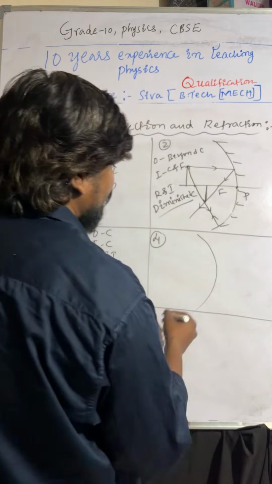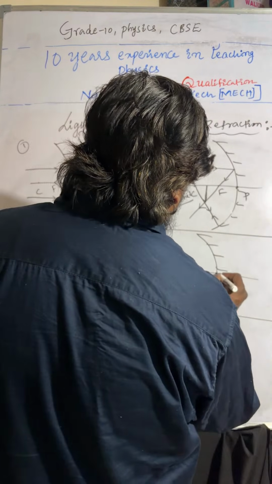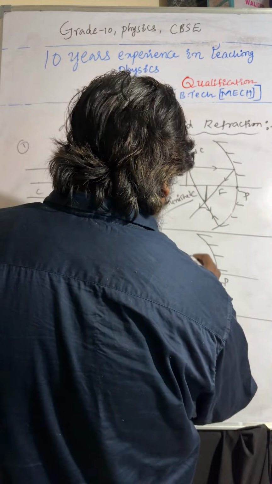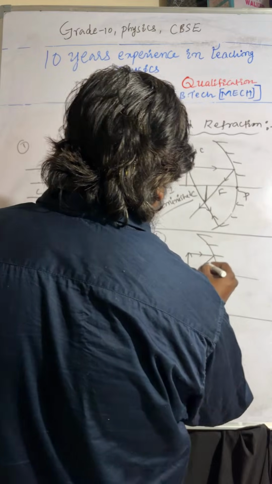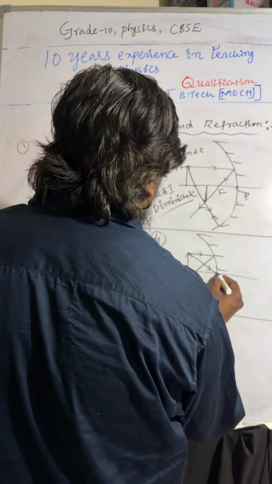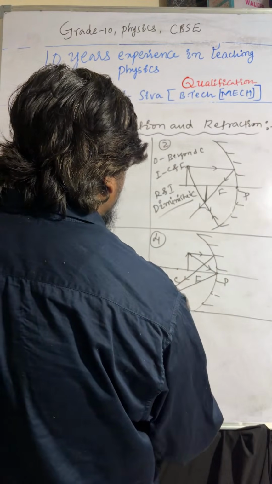Here you can take pole, focus, center of curvature. Object is placed between C and F. One light ray I am taking like this, it passes through focus. Another light ray is incident at the pole. It reflects back, so the image will form here.